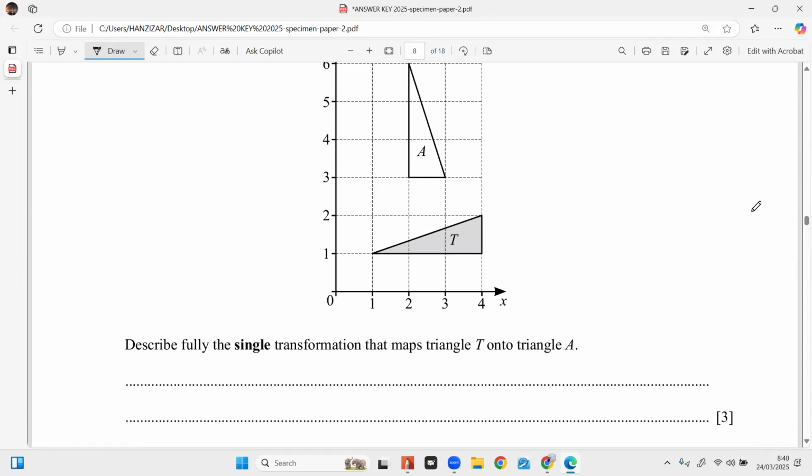Oh, easy. T to A, it's clearly seen as a rotation, right? Rotation by 90-degree clockwise, because from T to A is clockwise, and remember, 3 marks means one more step, the center.